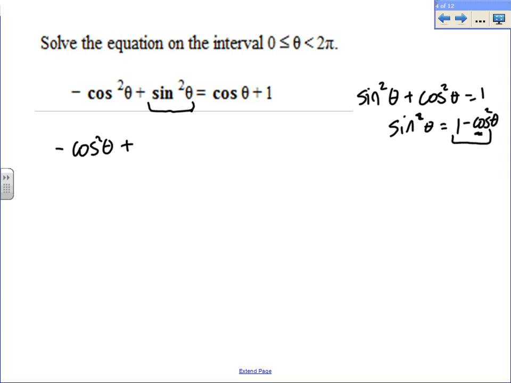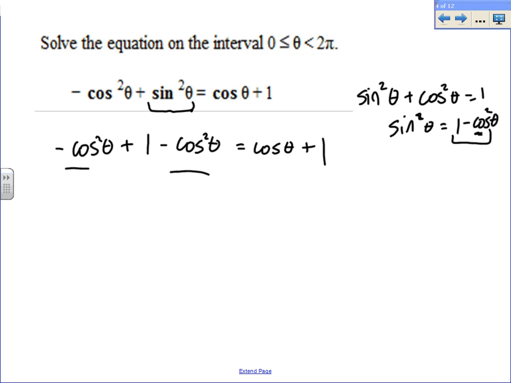If it was minus, I would have to say parentheses and then 1 minus cosine squared. But since it's just plus, we'll say 1 minus cosine squared theta. So we made a substitution there, equals cosine theta plus 1. All right, so now let's notice that we can combine some terms here. Negative cosine squared minus cosine squared.